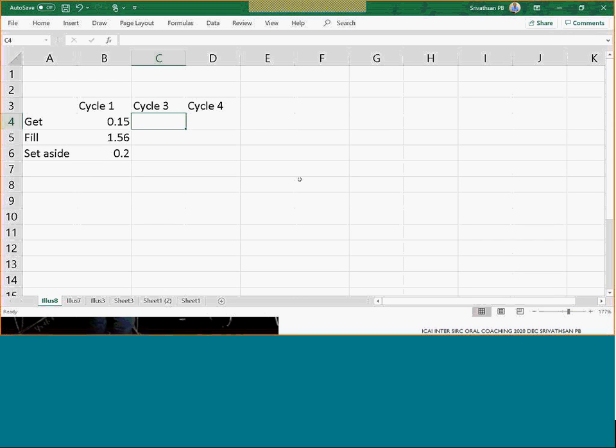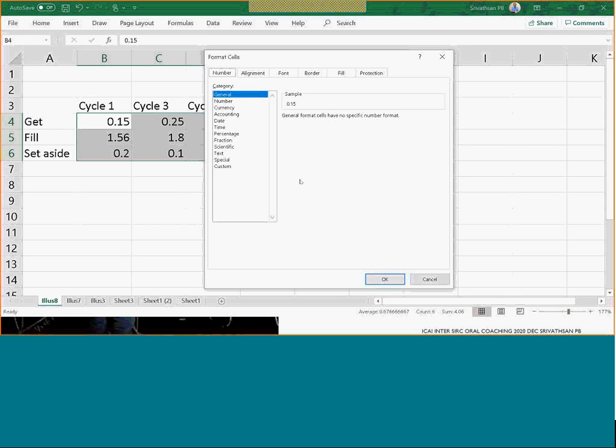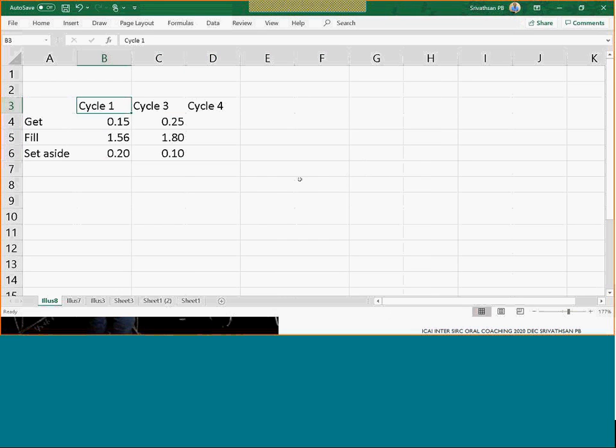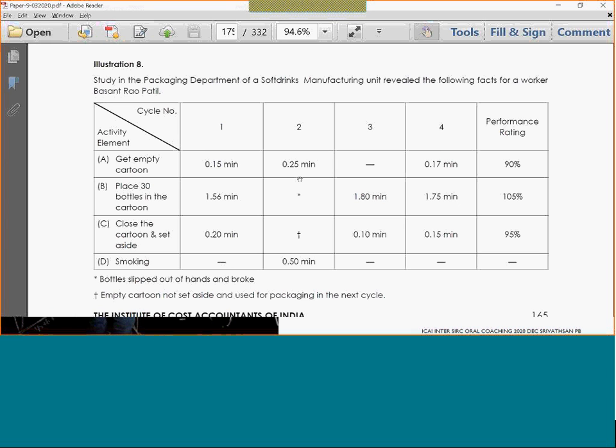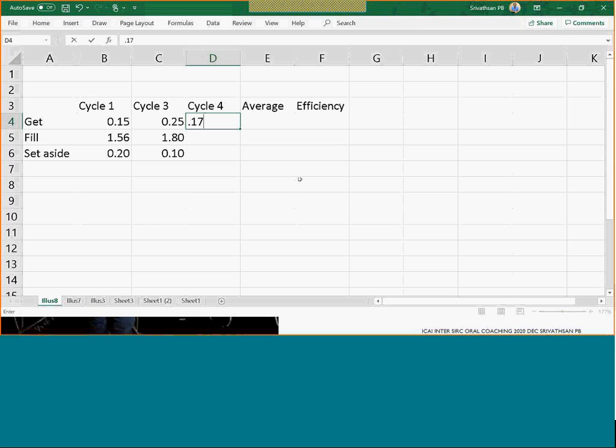So 0.25 is the get time. 1 to fill, 0.1 set aside. The 0.17 to get, 1.5 to fill, 0.15 to set aside. So 3 different cycles of the same process.